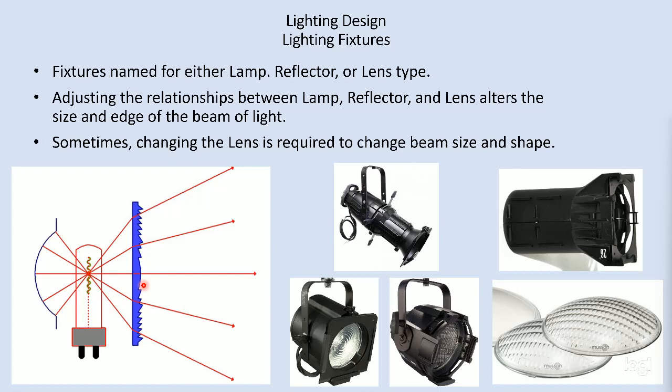Sometimes in order to change the size or shape of the beam requires actually changing the lenses. As in a Source Four PAR, to make it a larger pool of light, we actually have to change the lens. Or in a Source Four ERS, we would have to change the lens tube.